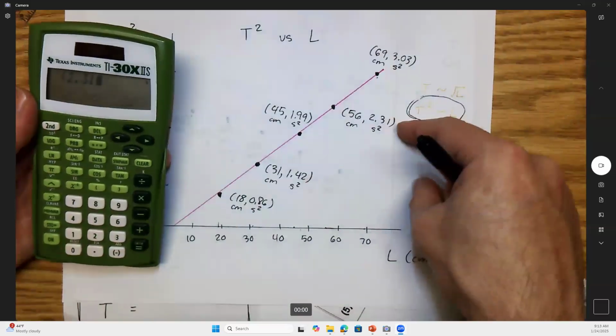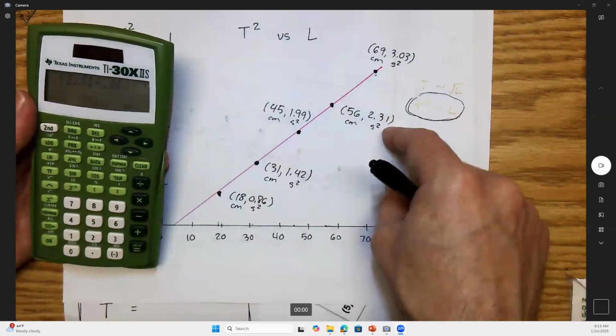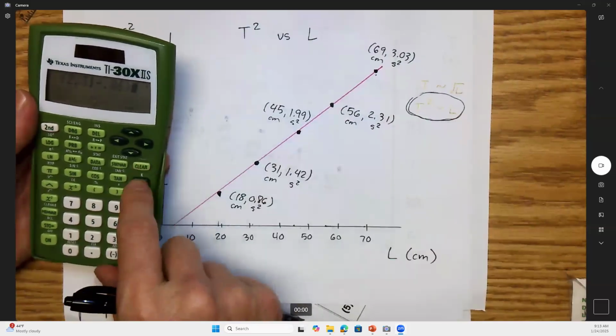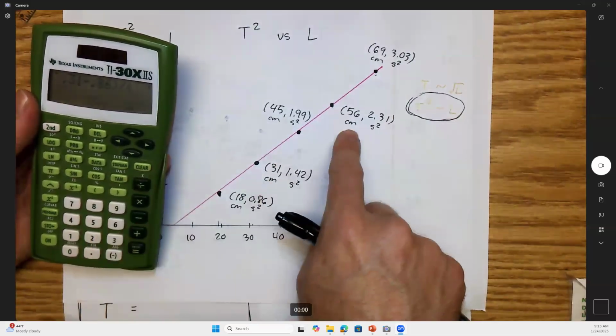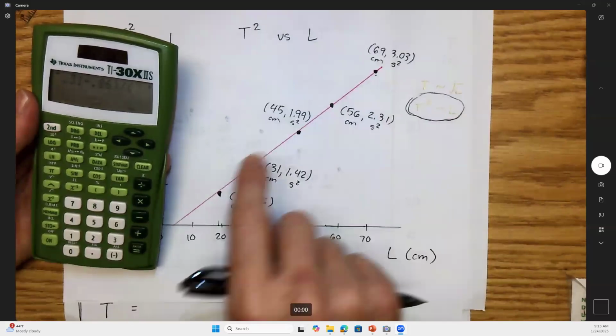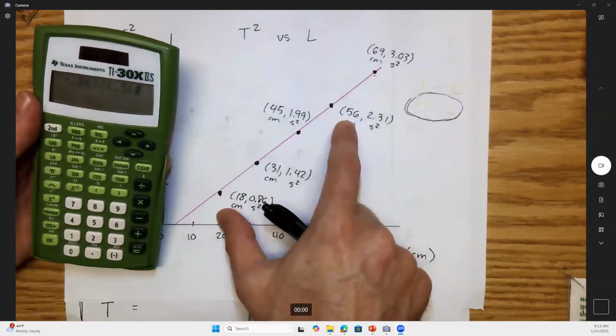2.31 minus 0.86, there's the rise in square seconds, divided by, and then in parentheses, I'm going to change this to meters. Is that okay? So that's 0.56 meters minus 0.18 meters.